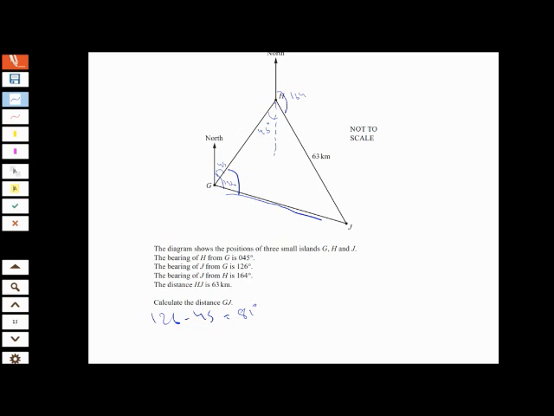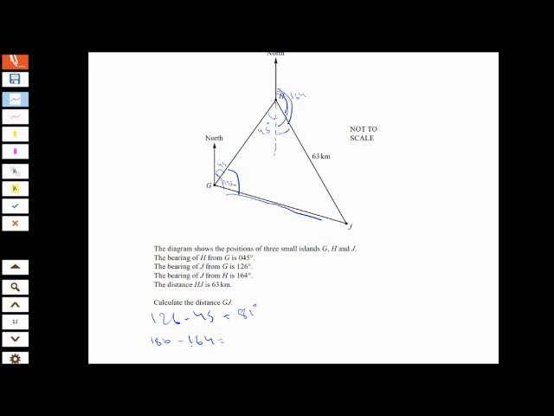So 45. And then here, this should be 180, because it's a straight line. And we know that this is 164. We can find this easily by 180 minus 164. That would give you 16.